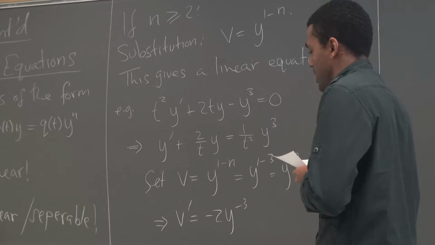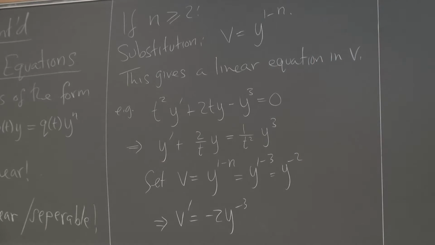This is good. Okay, so what do you think we need to do here? We want to start swapping things out, right? So what do we need? We need y prime.